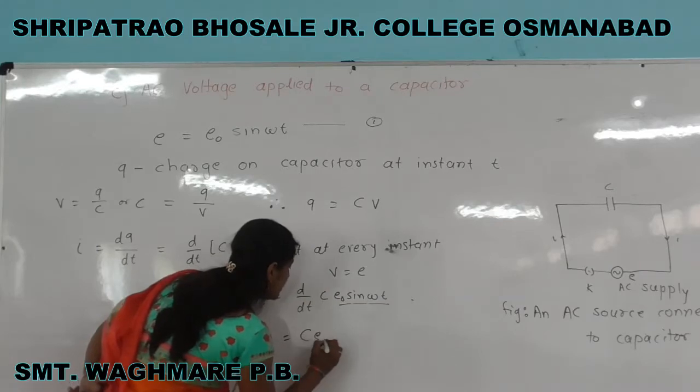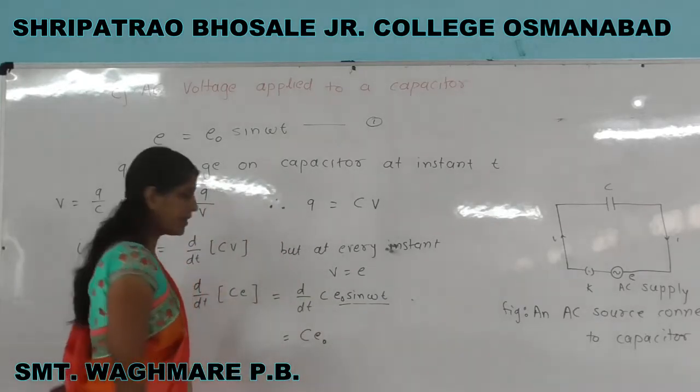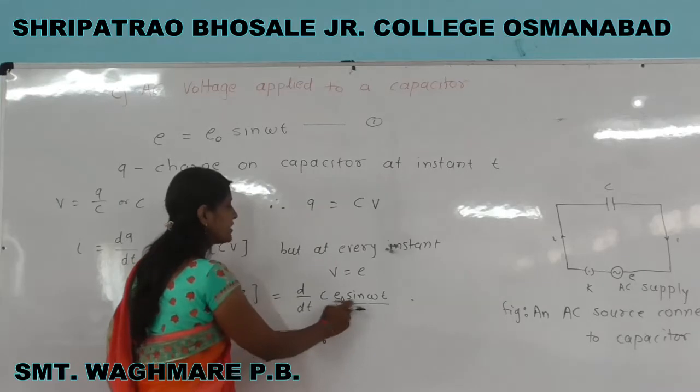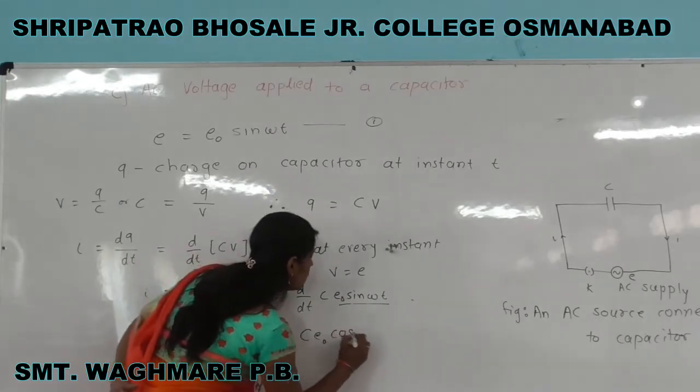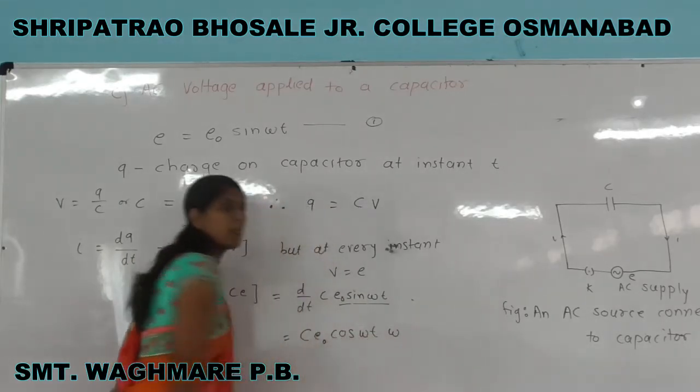Therefore C into E naught remains constant, and the derivative of sin omega t is equal to cos omega t into omega.